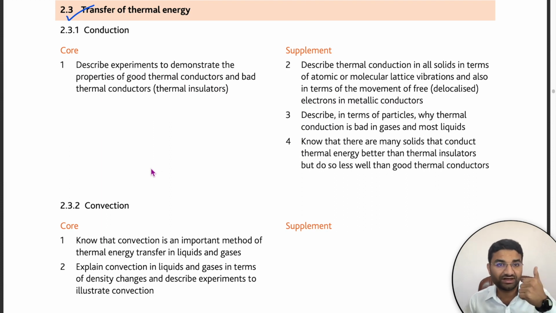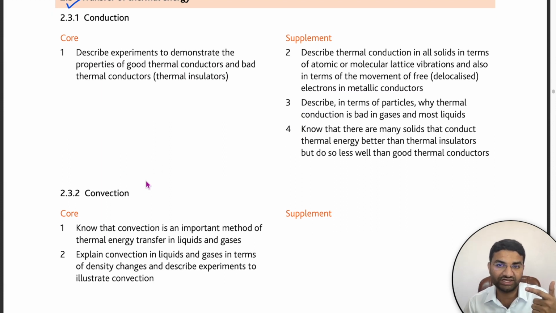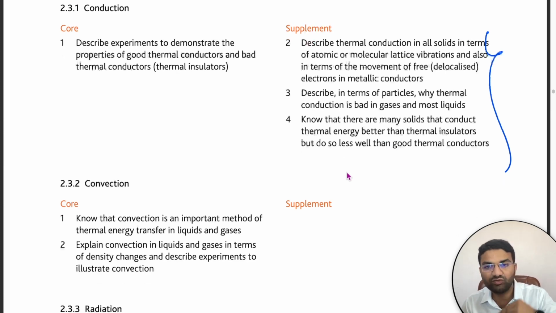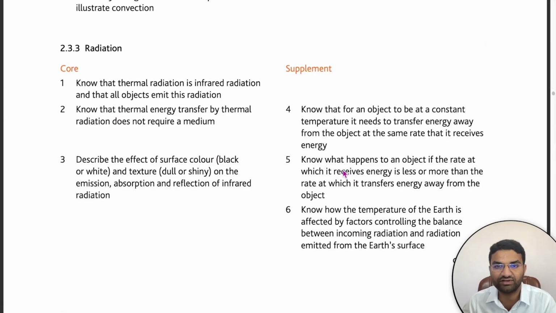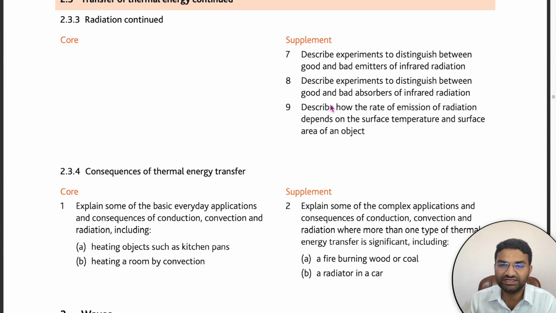The transfer of thermal energy is the third subtopic. We have conduction, convection and radiation. Basic concepts are for the core student, and for the extended student, what happens in conduction, a little more in depth, you have to study for the exam. For radiation, the extended student has to learn distinguishing between good and bad emitters and absorbers, and that emission of radiation depends upon surface temperature and surface area.